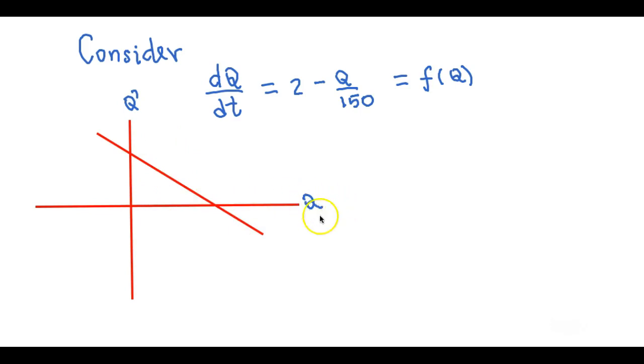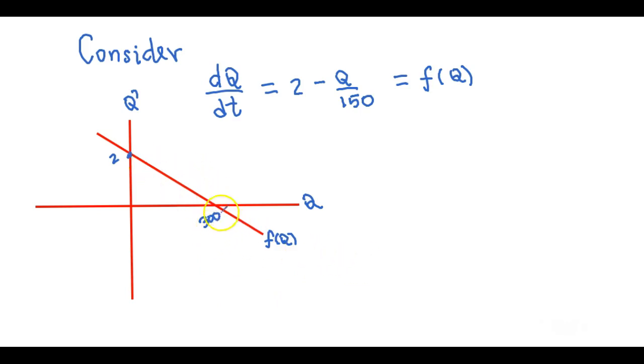So we consider this plane where Q, the state variable, is on the horizontal axis, the derivative of Q is in the vertical axis. The intercept of this line here is what we're calling f of Q. That intercept with the vertical axis is 2, and this equilibrium point here would be equal to 300.